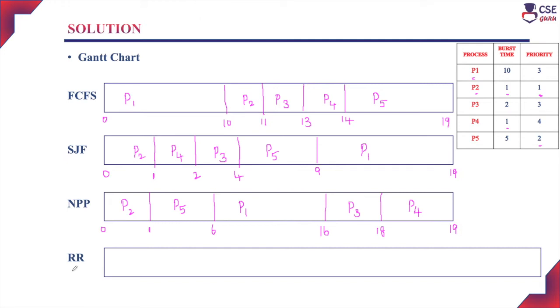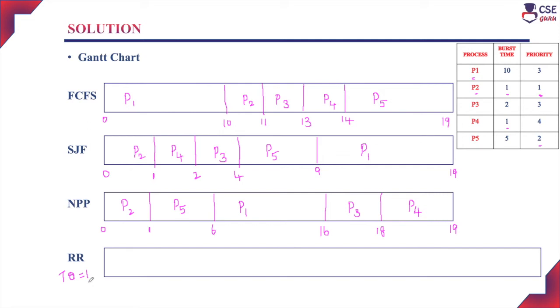The next algorithm is the round robin scheduling algorithm, with the time quantum given as 1 millisecond. In round robin scheduling, a time quantum is given, so all processes will execute with the CPU only for this time quantum period. Once the time quantum is over, the scheduler will dispatch the process and assign the next process in the job queue for execution.